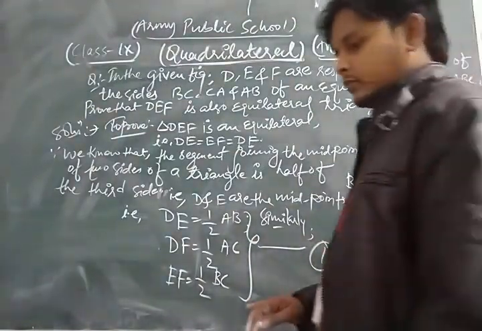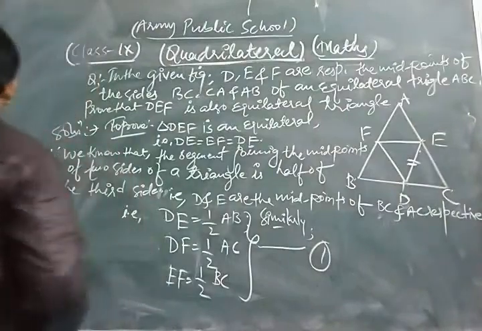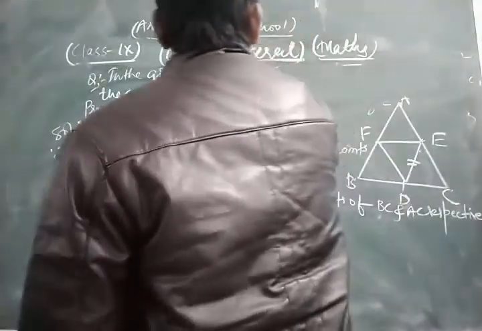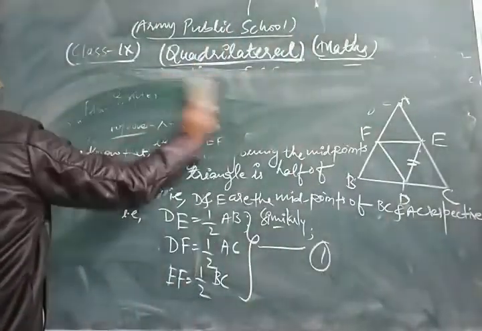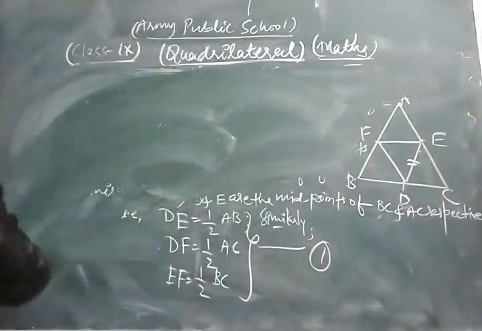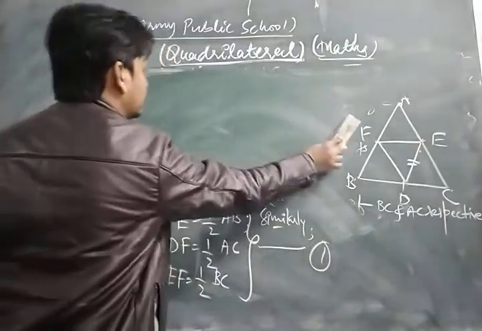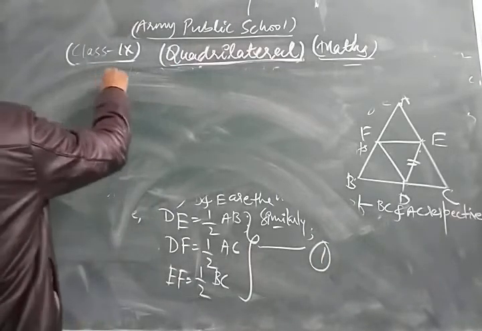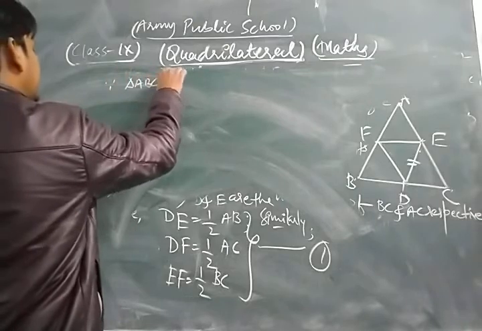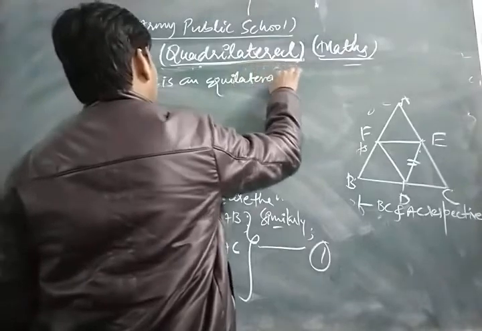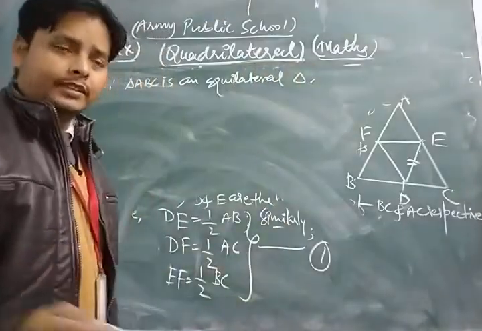Okay students, now look. Since triangle ABC is an equilateral triangle, all its sides are equal to each other.